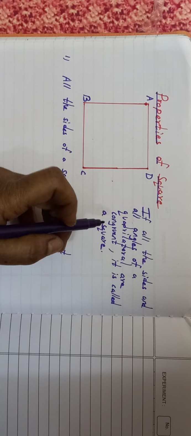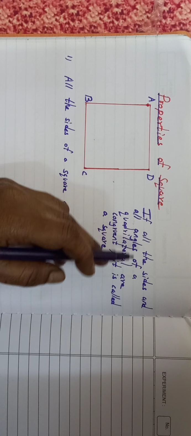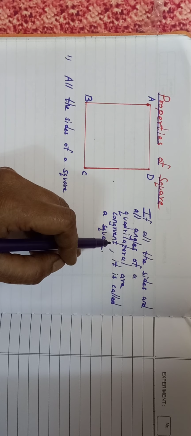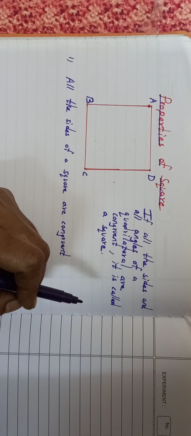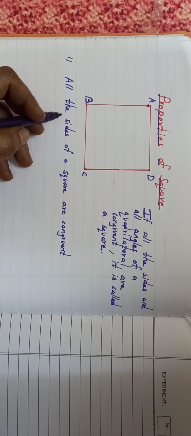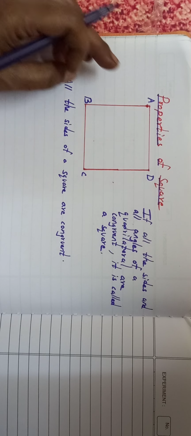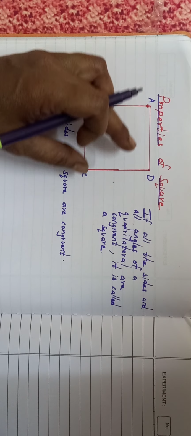So here the main definition I have written: all the sides and all angles of a quadrilateral are congruent, it is called a square. So the first property, all the sides of a square are congruent, means the measures of the lengths of all the sides are equal.